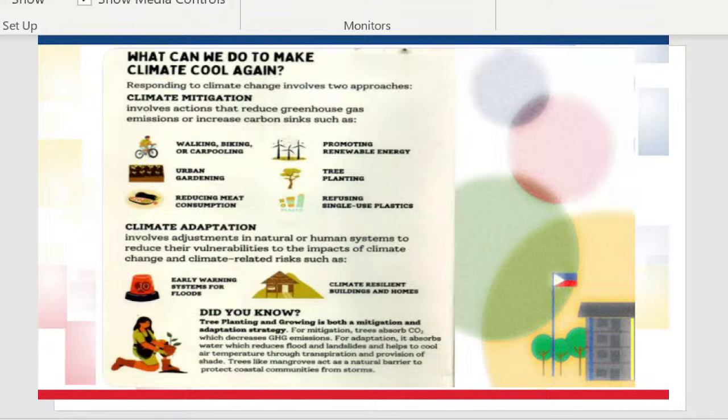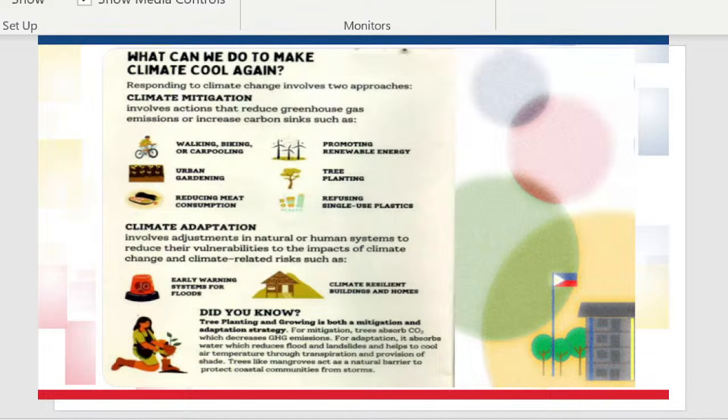So how can we do climate mitigation? Walking, biking, carpooling, urban gardening, reducing meat consumption, promoting renewable energy like solar, wind power, hydroelectric, tree planting, and refusing the use of single-use plastics.